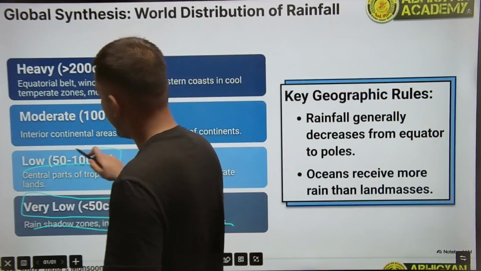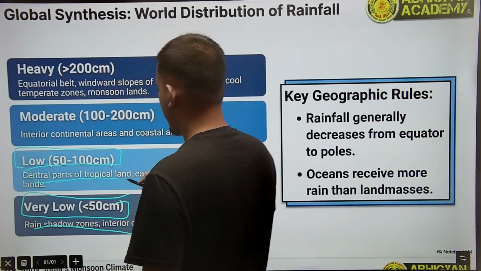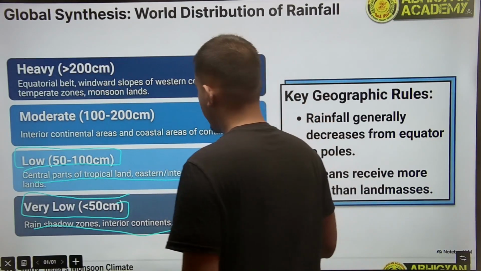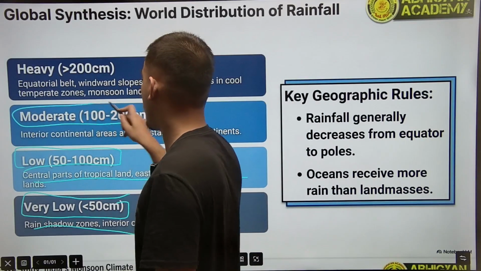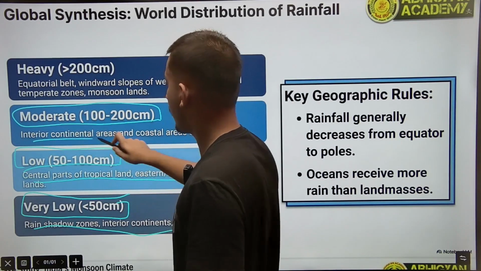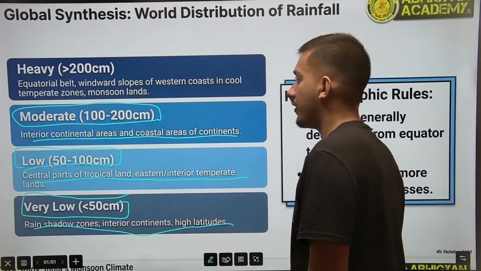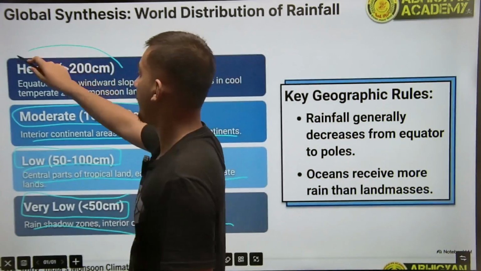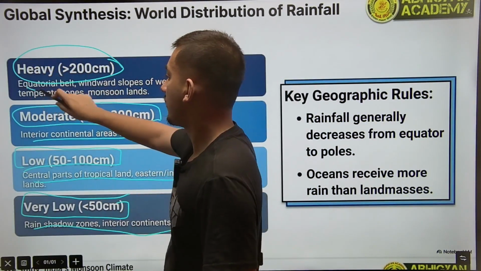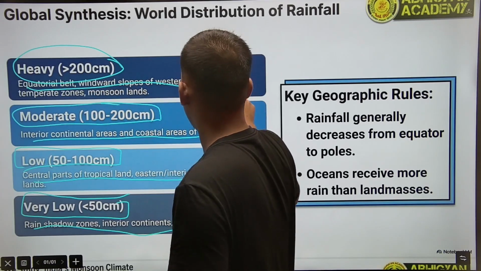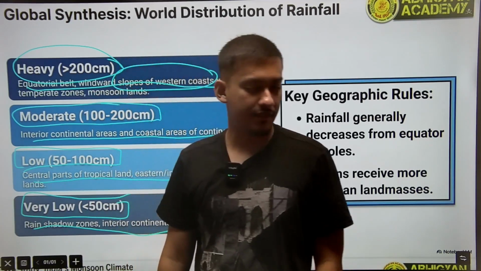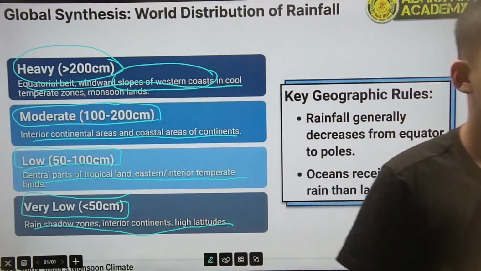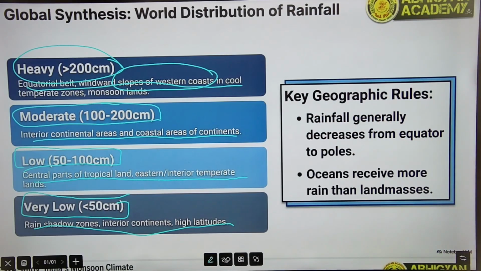We have low, 50 to 100 centimeters: central parts of tropical land and eastern interior temperate lands. We have moderate, 100 to 200 centimeters: interior continental areas and coastal areas of continents. Finally, we have heavy: the equatorial belt and windward slopes of western coasts, right? So this is your distribution of rainfall in the world.